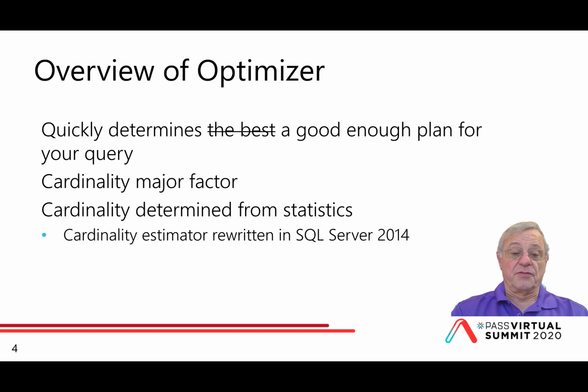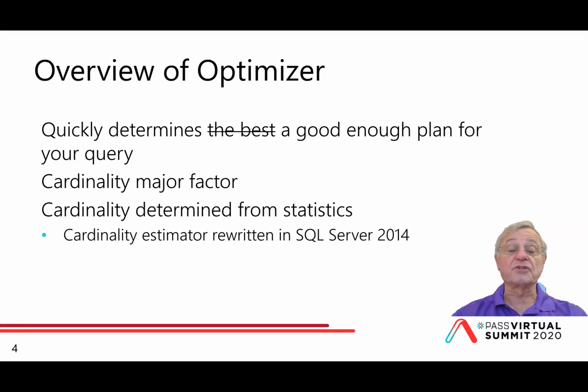And so the cardinality estimator is the piece of software that says, here are the statistics, and based on the predicate supplied in the query, this is the number of rows that I expect. This is the estimated cardinality: taking the statistics and converting that to an estimated number of rows.